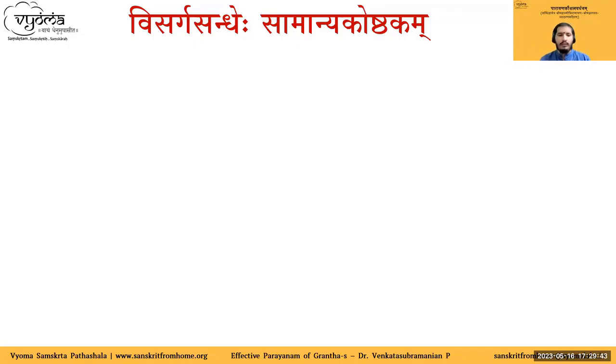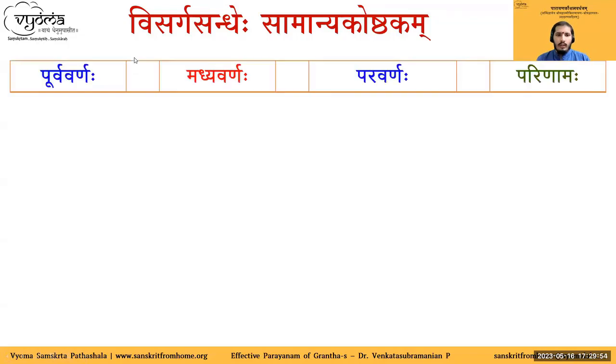That is, if the visarga is replaced by some other letter, if it is replaced by ukara, or if it is deleted, etc. We'll see through the table. So here we will have three parts, that is purvarna, madhyavarna, and paravarna. Madhyavarna refers to the sthani, that is the place of which the adesha occurs, or the lopa occurs.